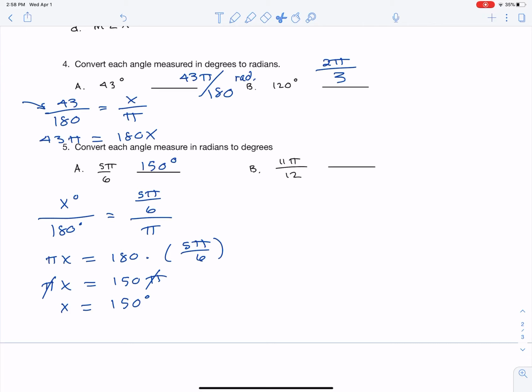Let's do 11 pi over 12. Same idea. Again, I don't know how many degrees, so I'm going to say x is to 180 as 11 pi over 12 is to pi. So this gives me pi x equals 180 times 11 pi over 12.